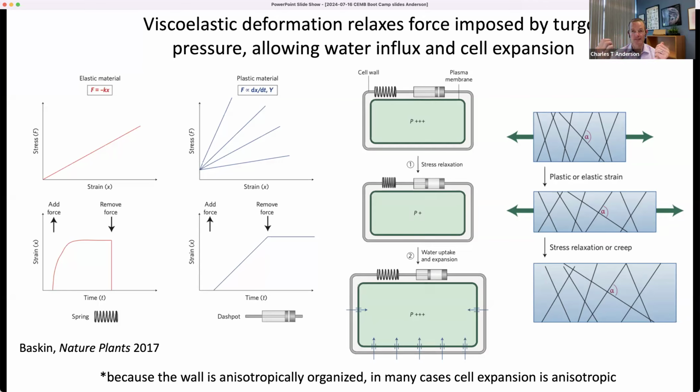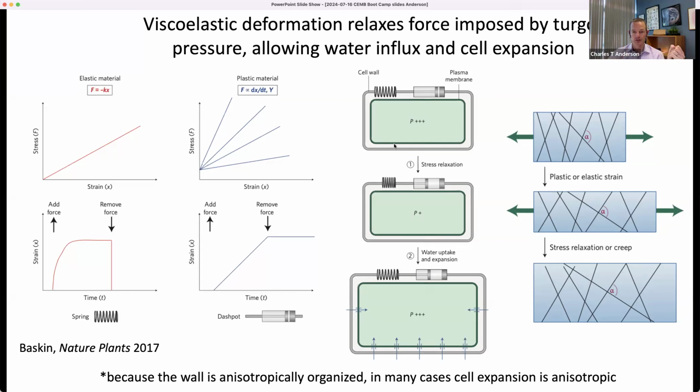So things like potassium ions in particular. So when those potassium ions enter the cell, it creates an osmotic potential across that plasma membrane that causes water to ultimately enter the cell. So plants are generating this turgor pressure by consuming or burning ATP, and that turgor pressure then pushes outward on the cell wall that's encasing that plant cell. So that's, we think, one of the driving forces that ultimately causes the deformation and expansion of the wall.